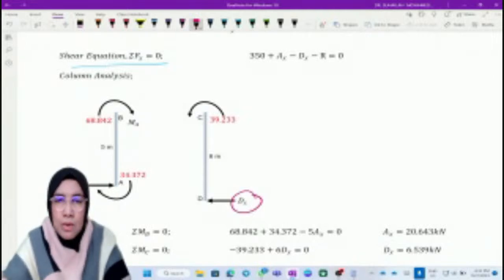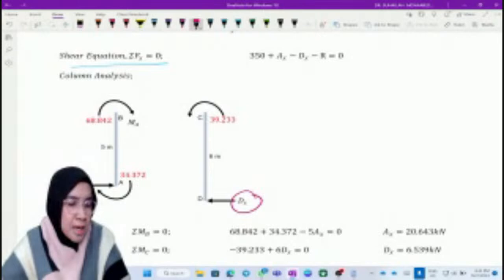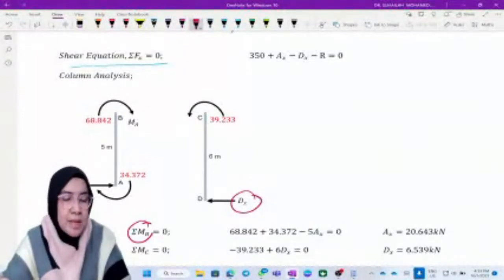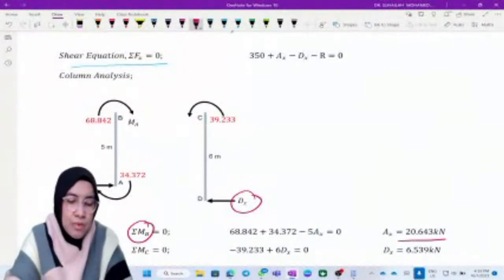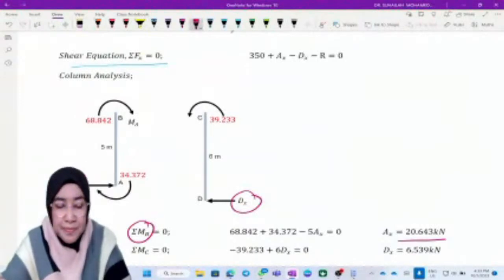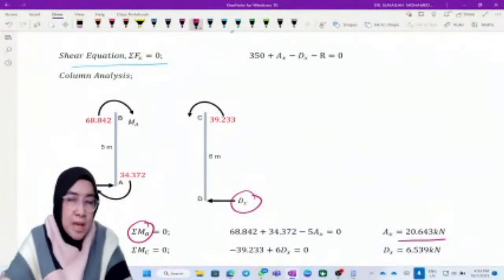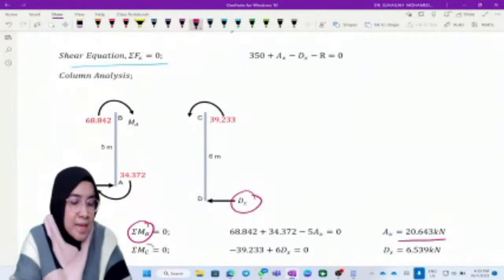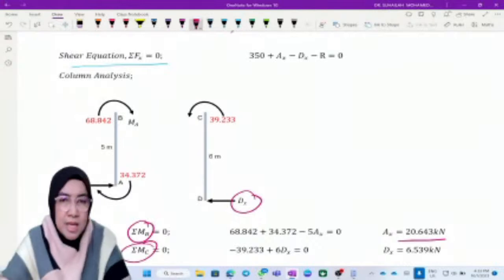It is actually the static equilibrium equation. We take column AB and calculate AX by taking moment at B, member AB, and we will get the AX value. Then we continue to analyze member CD, taking moment at C, and we will get DX.